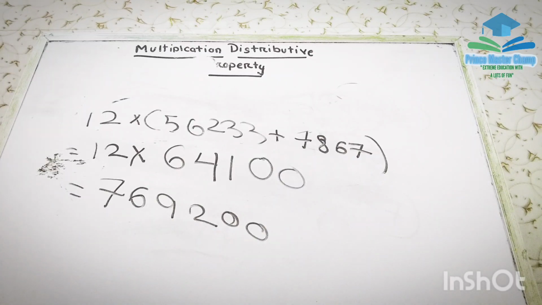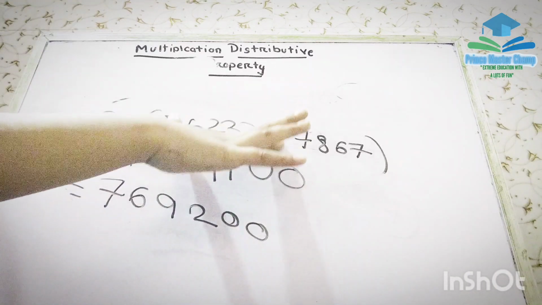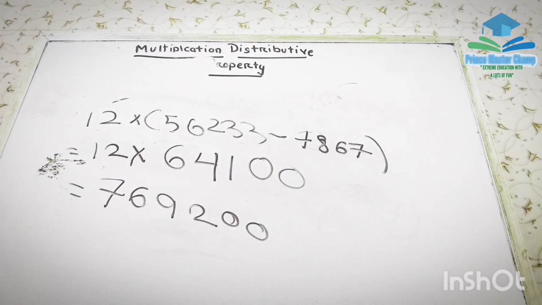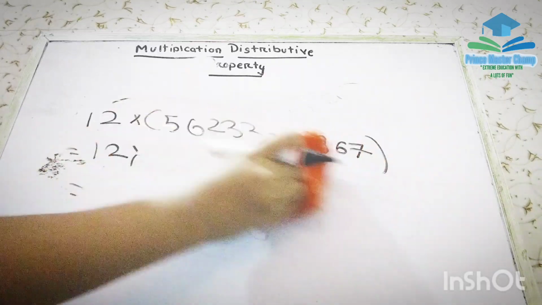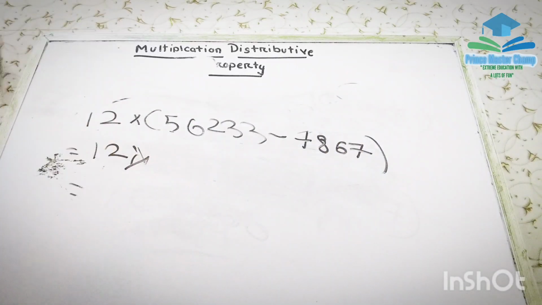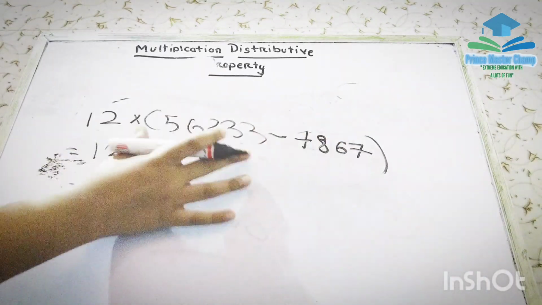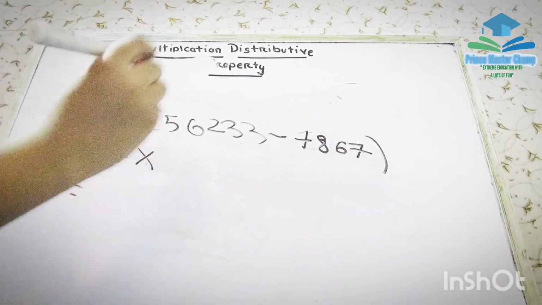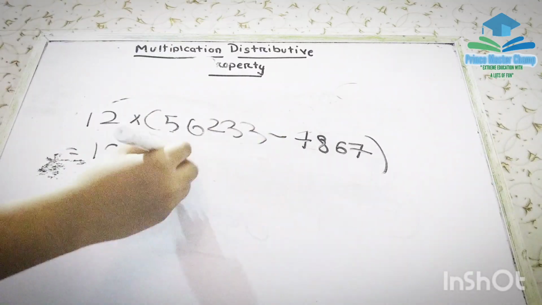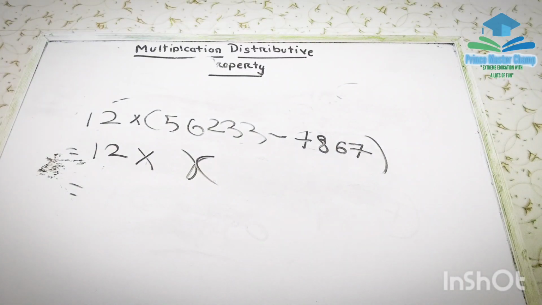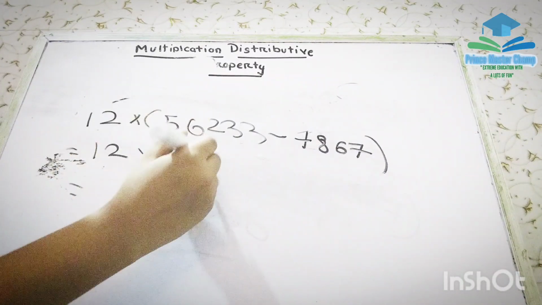Okay, understood? Now I'm asking you, in case of subtraction in the following question, what do we need to do? I'm not solving the question, I'm just explaining how to do that. First we are going to subtract these both numbers. When we subtract these both numbers, we will get a difference, which will be, for example, let us take it as a question mark.